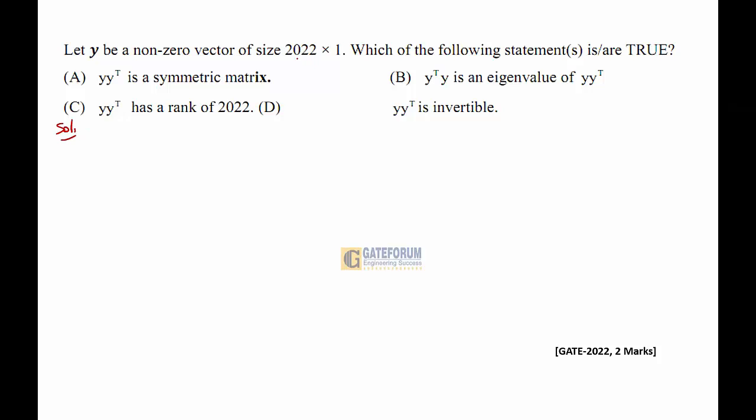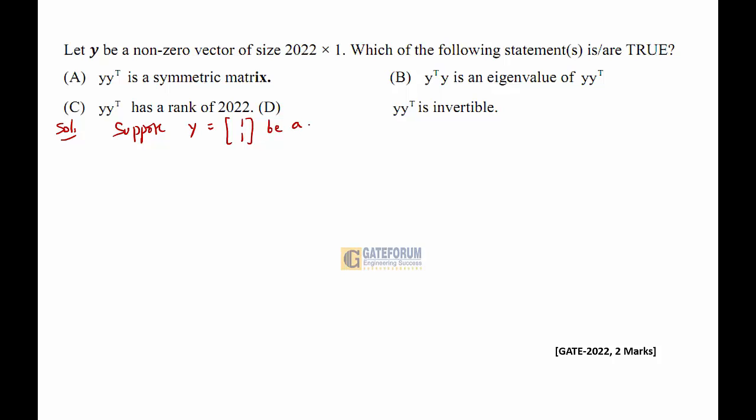So this is a column vector of higher order, that is 2022 rows and one column only. It's a big size, so let us take a small size, 2 cross 1. The same result we can prove when Y is of size 2022 into 1. Suppose Y is a 2 cross 1 matrix whose entries are all 1.